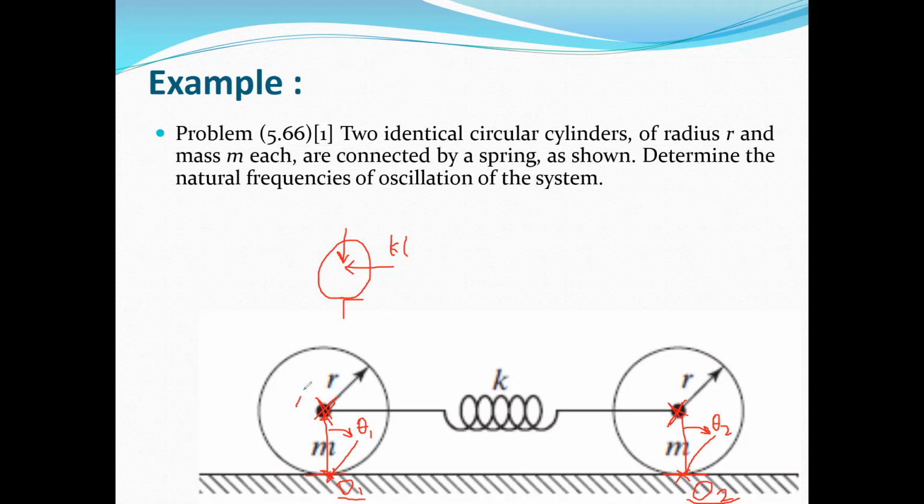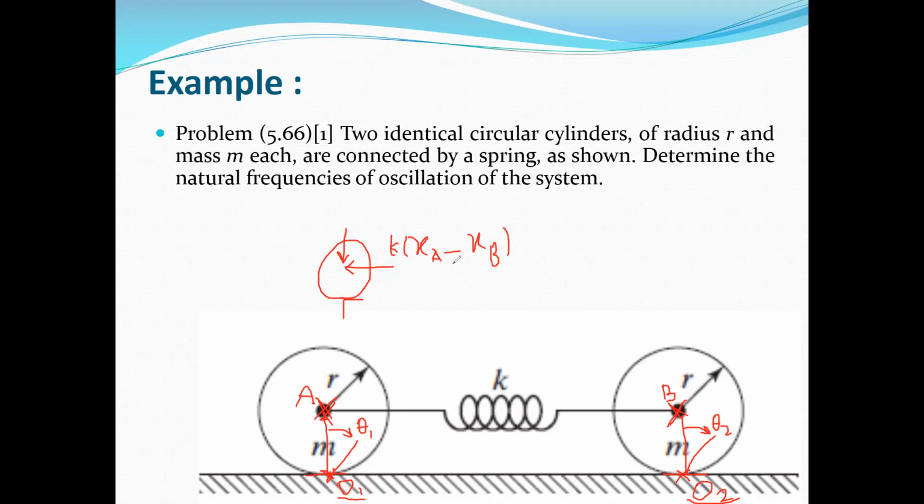If we call them point A and point B, the force in the spring, according to this assumption, is K times XA minus XB.